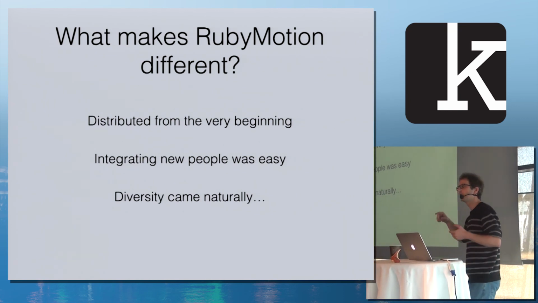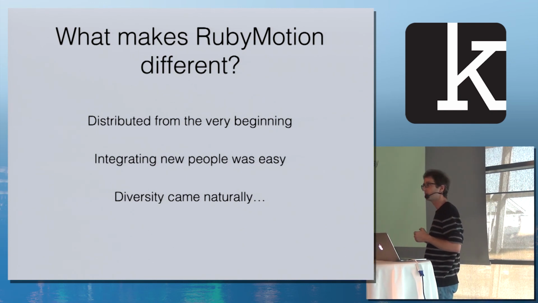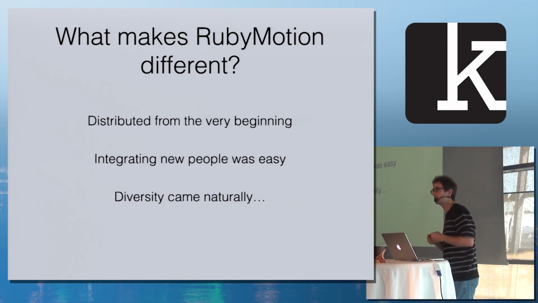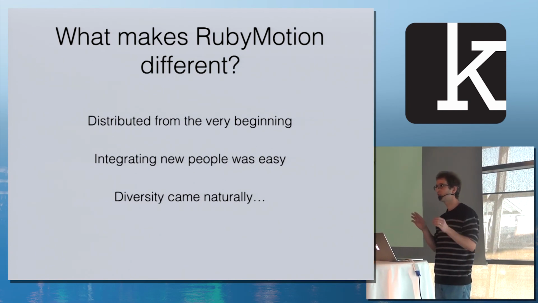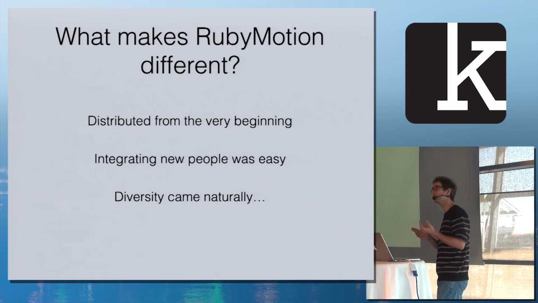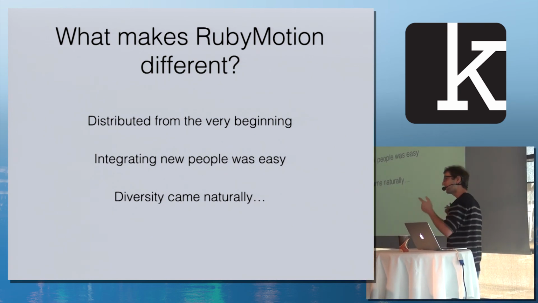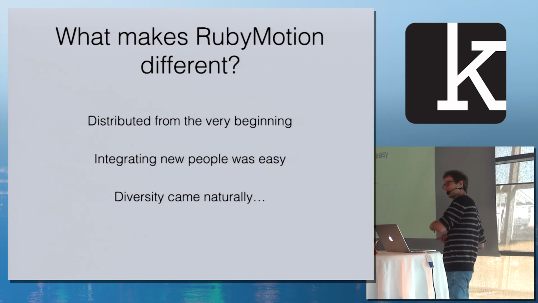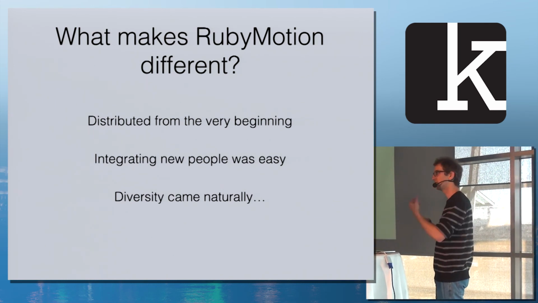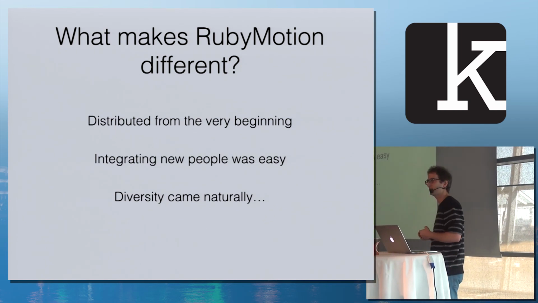But it turned out that this made it very easy for new people to join the project. About a year after MacRuby was released, this fellow from Japan just started sending pull requests, right? We didn't know who he was. He called himself Watson. It's not his real name. But Watson was employee number 2 at HipByte, because just sending pull requests and conversing with us on chat and email, he just melded in with the community, right?